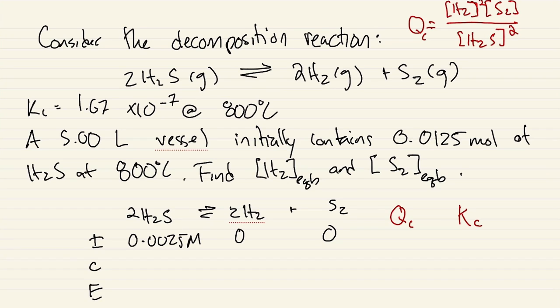What are our initial concentrations for H2 and S2? 0, right? So that means that Q is going to equal 0. So we have 0, and what's our value for Kc?